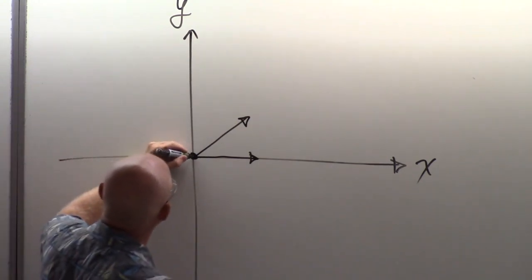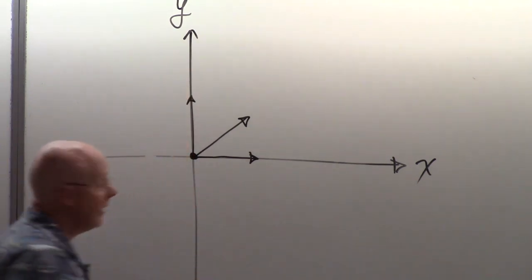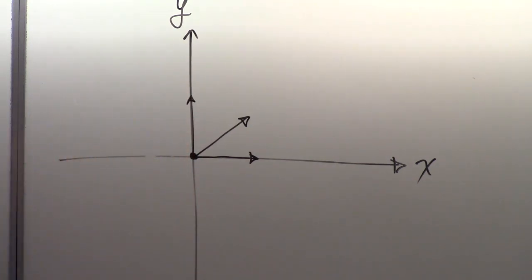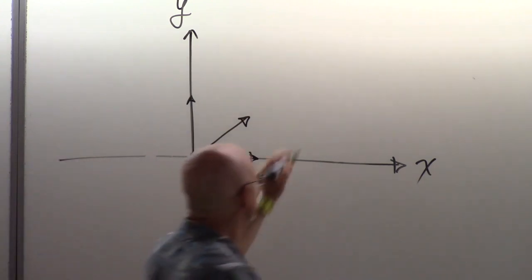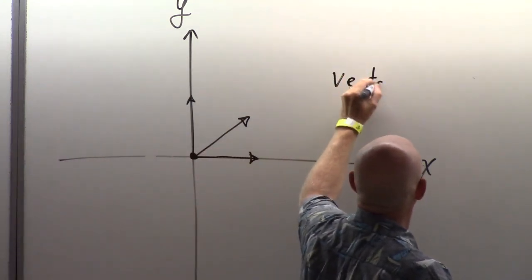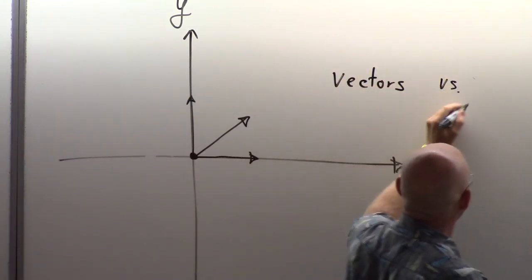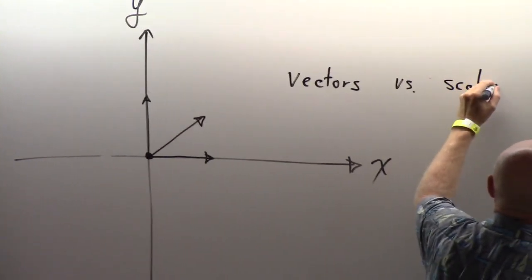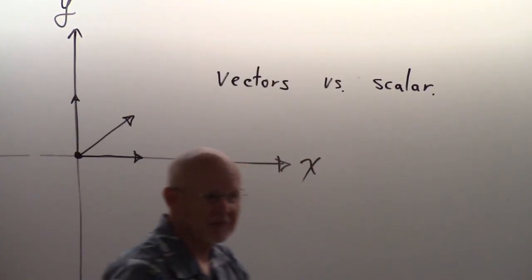I guess I could just throw it straight up in the y-axis. Wouldn't all of those give me a slightly different result? Because they're different directions? Do you remember our discussion about vector versus a scalar?